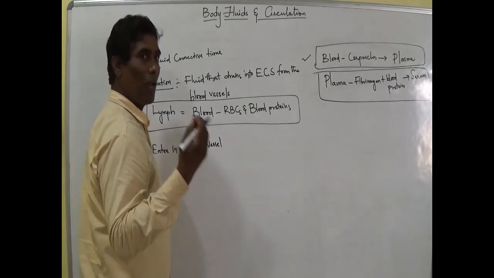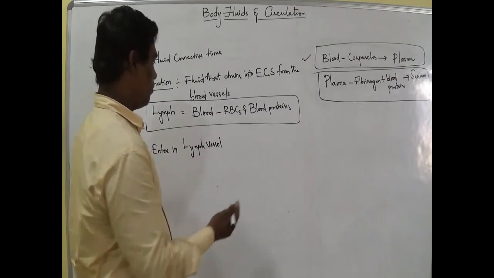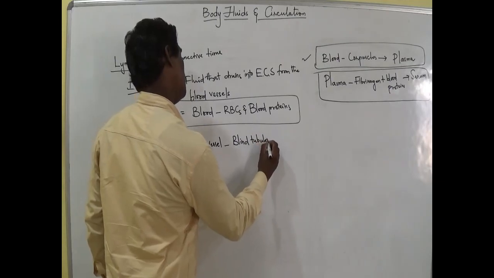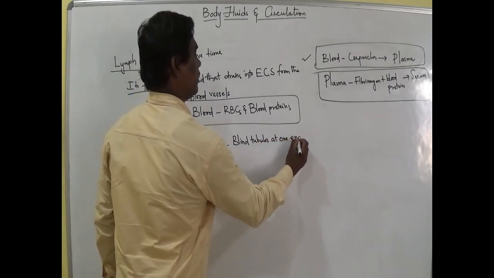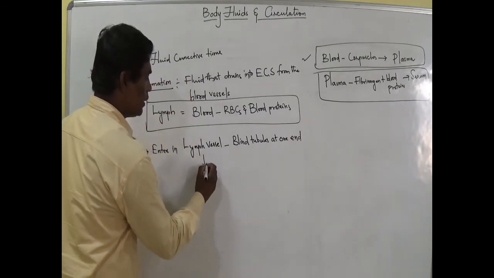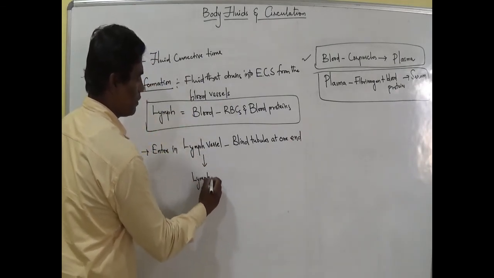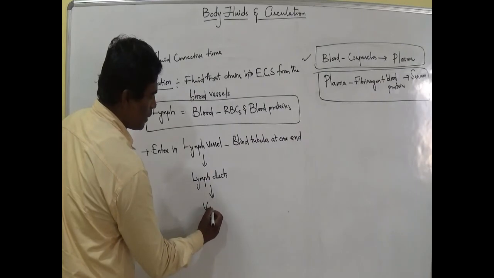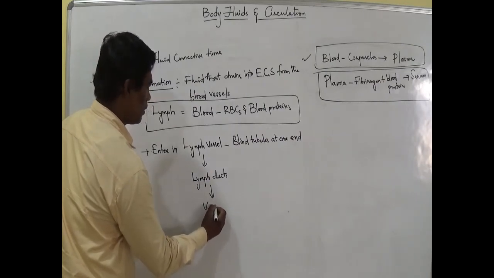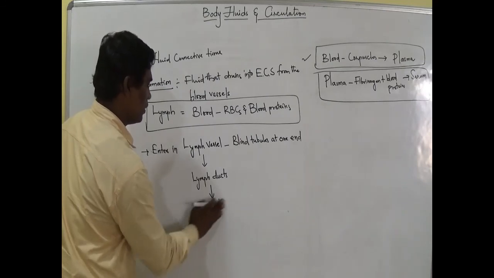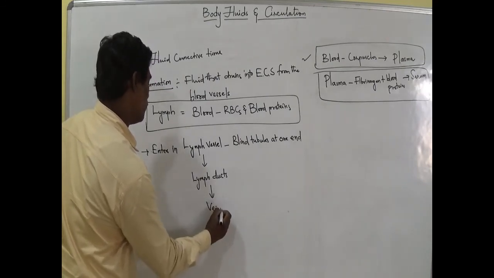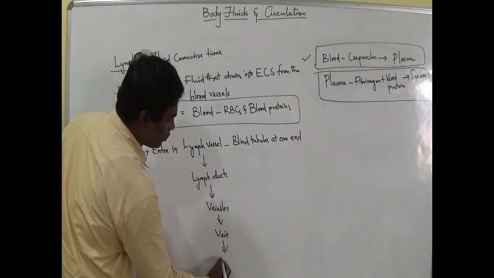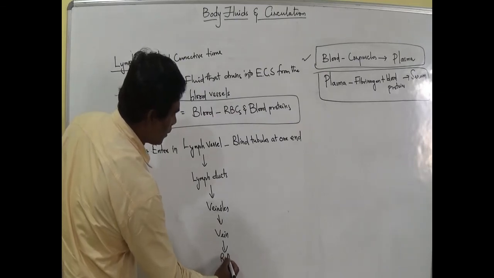Lymph vessels are blind tubules at one end, and these lymph vessels join to lymph ducts, and these lymph ducts join to venules, and venules to veins, and further they pour the secretion into the right atrium.